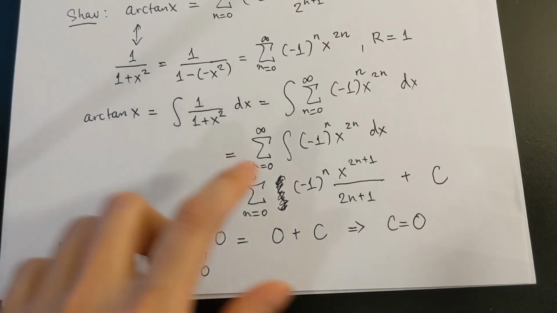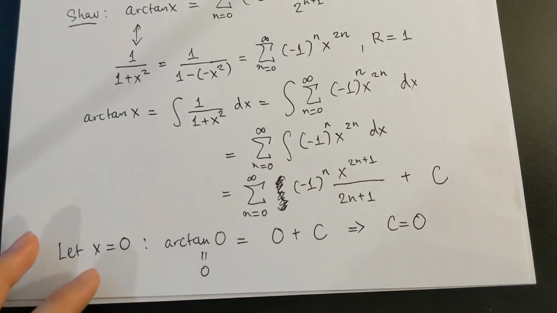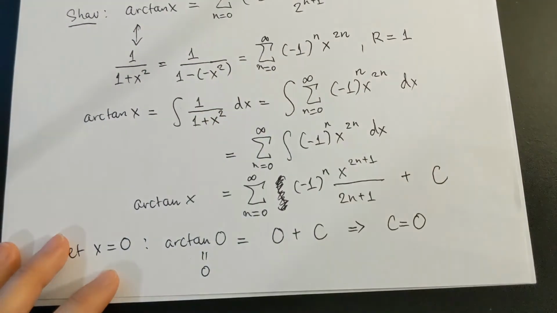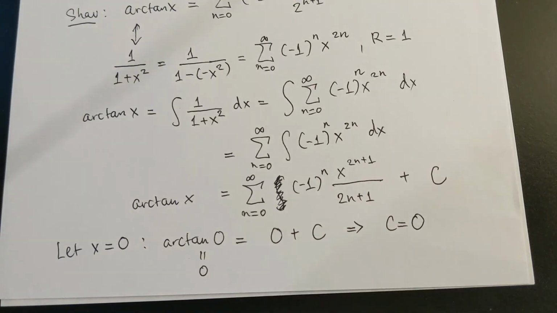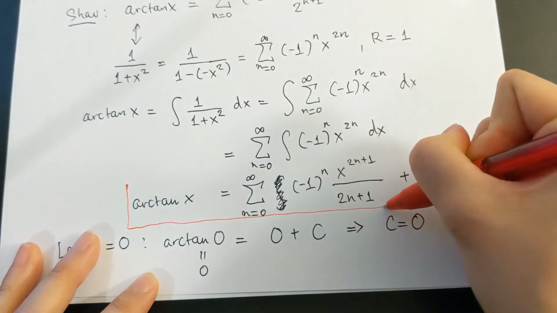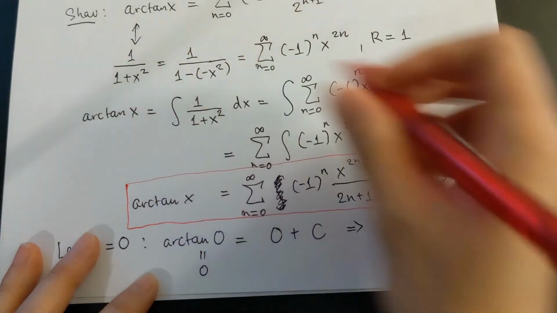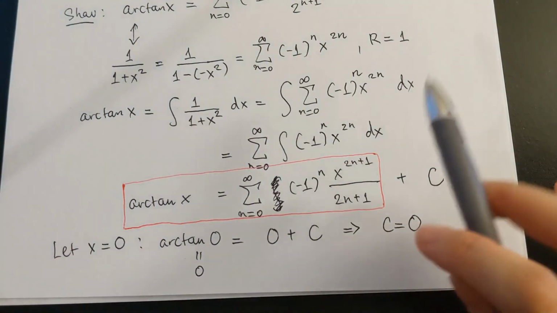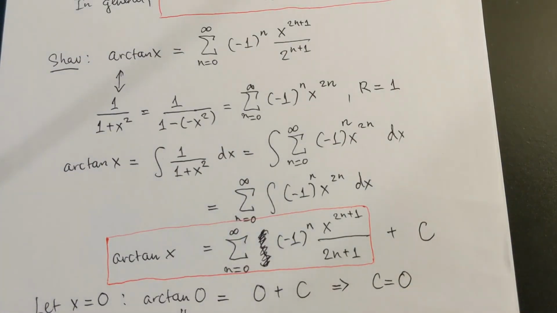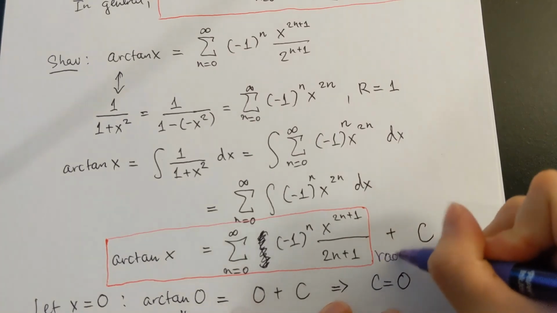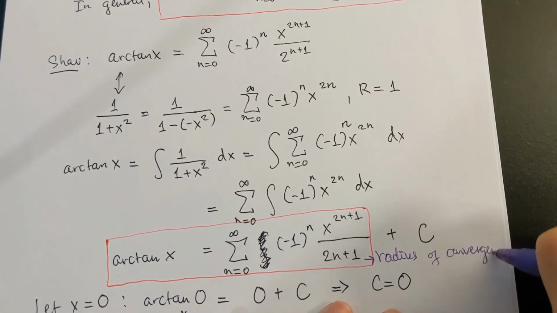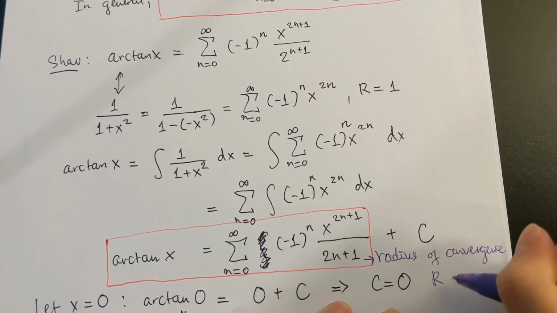So we have a power series representation for arctan here, and this has the same radius of convergence as up here, r equal to 1.